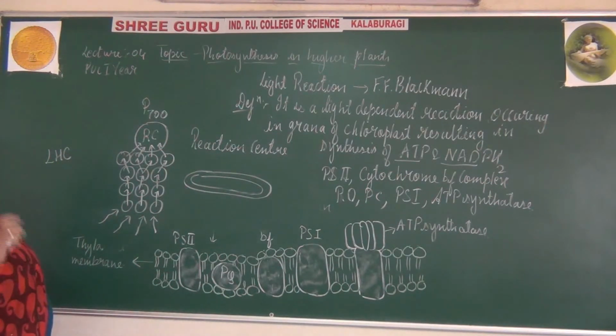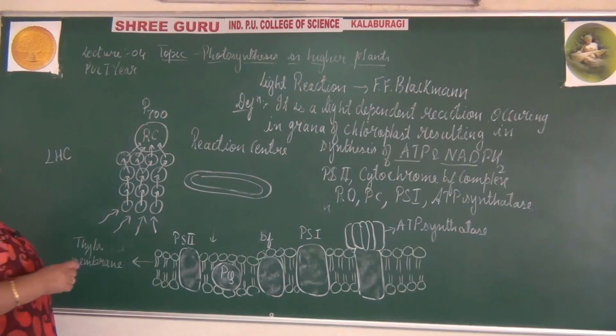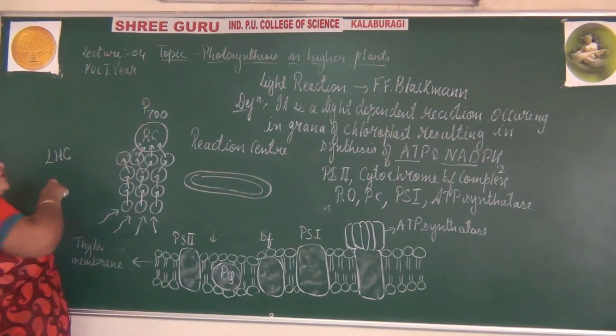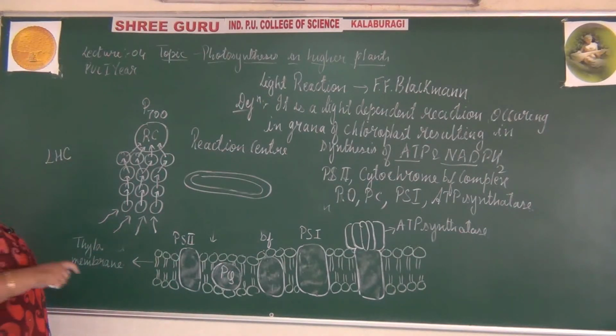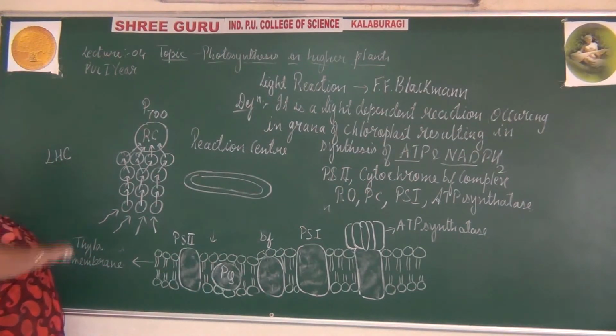It forms a complex where the light is absorbed and electrons are released, and this complex formed by the pigment molecules is known as the light harvesting complex.